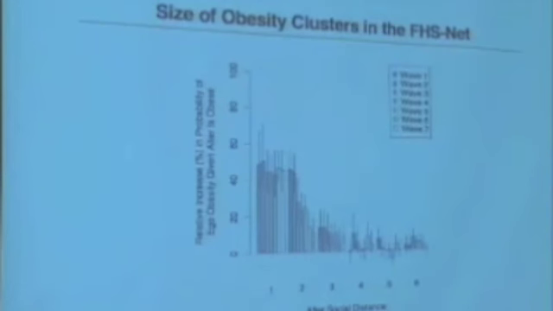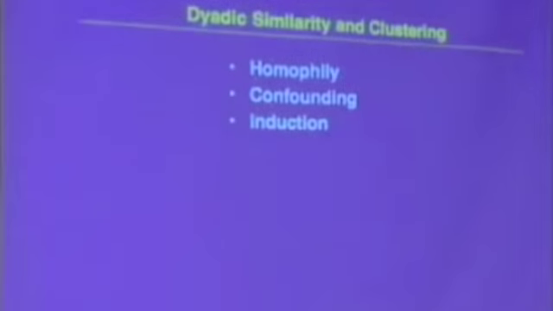So when you see similarities in behavior or in health status or in attributes among social contacts, it begs the question, what causes it? What causes these clusters? Well, there are at least 3 different kinds of things that could cause them. The first is what's known as homophily, and that's just the tendency of birds of a feather to flock together. When our paper came out, we were misunderstood by many blogs. About 10,000 blogs featured our work, and a lot of them said, well, it's obvious.